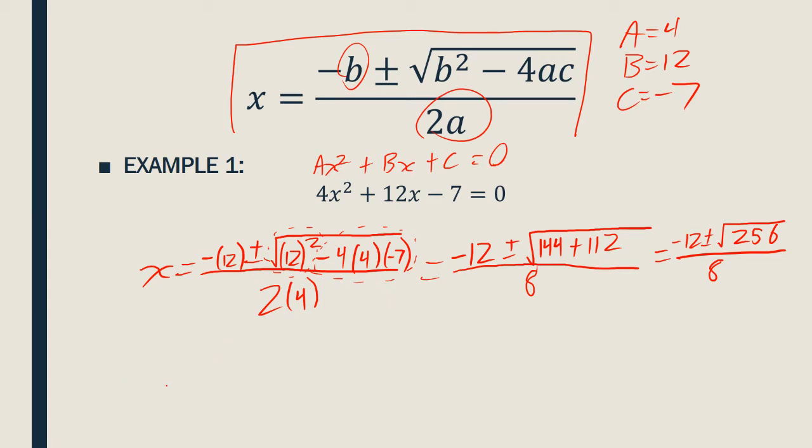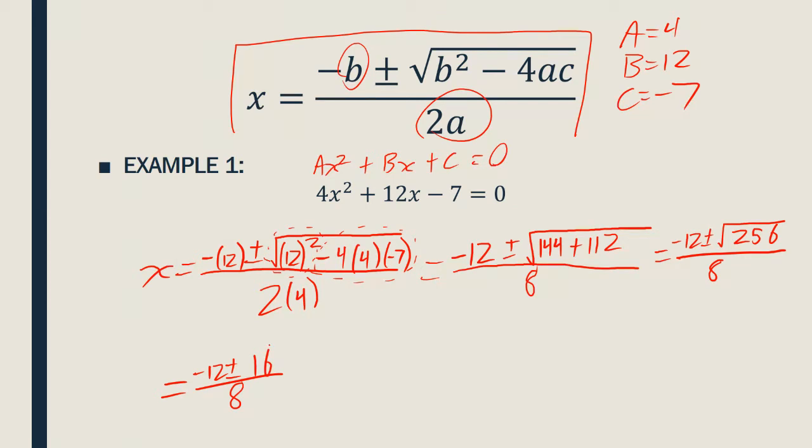I get negative 12 plus or minus the square root of 256 was 16. So I have negative 12 plus 16 all over 8. Okay, I'm about as simplified as I can go to this point.